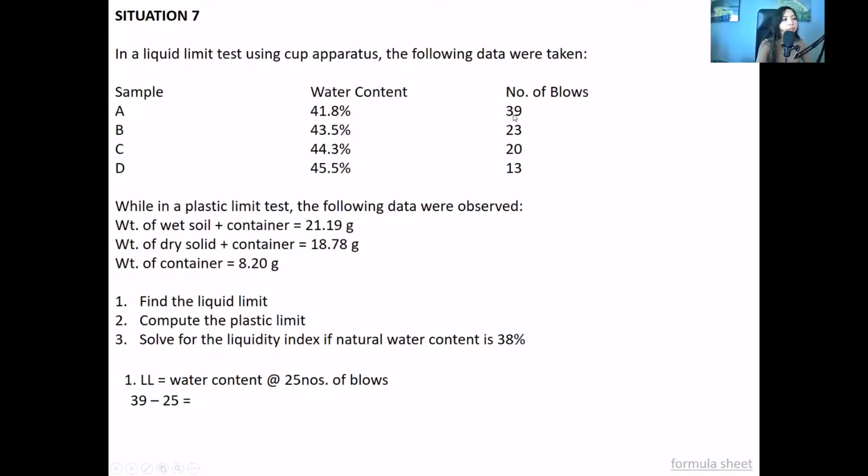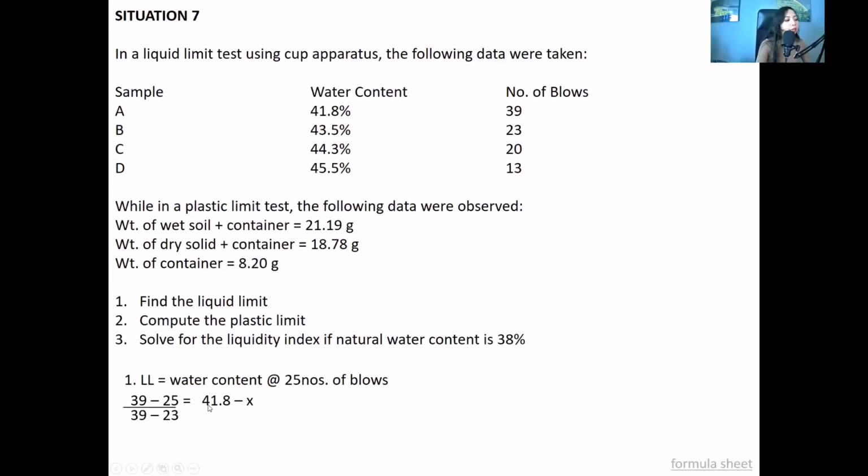Mayroon akong 39 number of blows minus 25 kasi yun yung gusto kong point of reference. And then, ang denominator ko is 39 minus 23. Okay? So, yung 39 number of blows ulit siya over, less number of blows naman ng sample B, which is 23. Then, like yung ginawa natin kanina, kung ano yung corresponding water content mo per number of blows dito na nasa left, yun din yung ilalagay mo sa right.